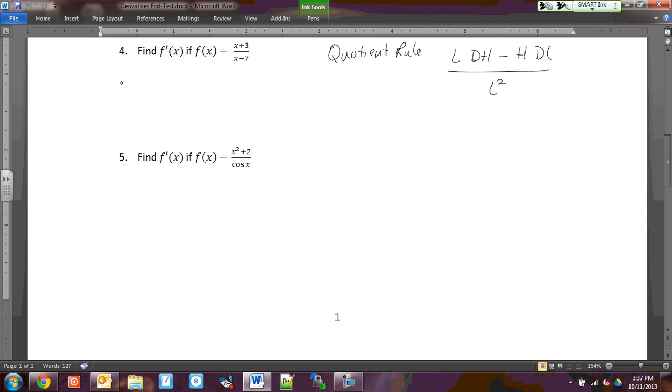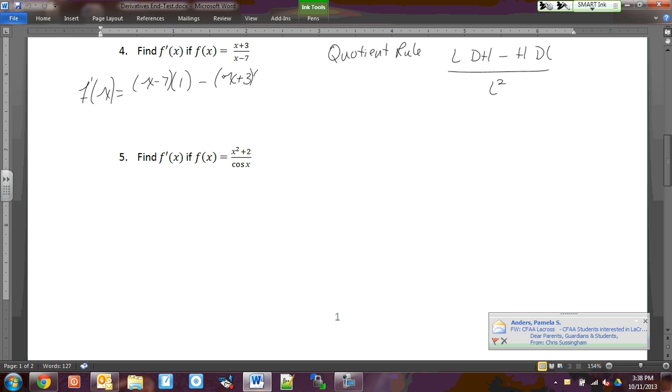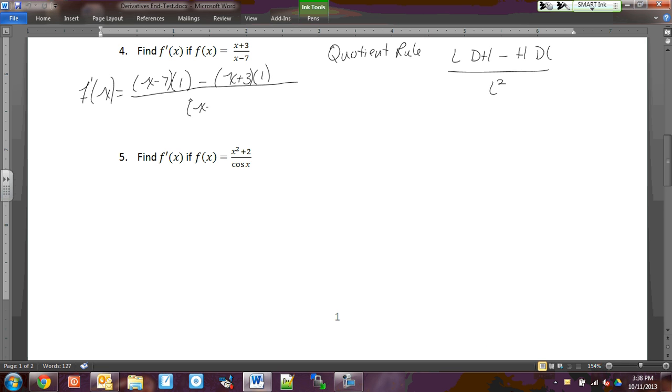So let's get started. F prime of x equals low, x minus 7. The derivative of the top is 1, minus high. Derivative of the bottom is also 1, all divided by x minus 7 squared.